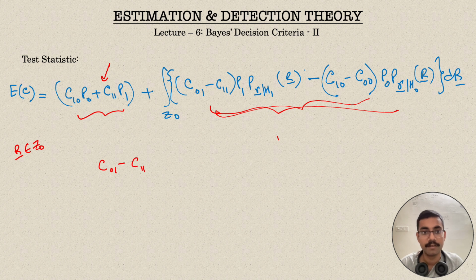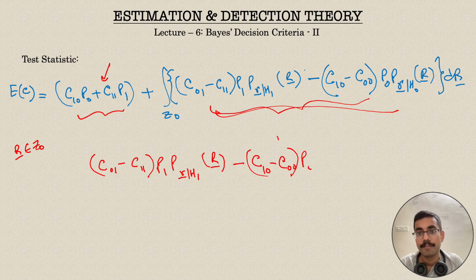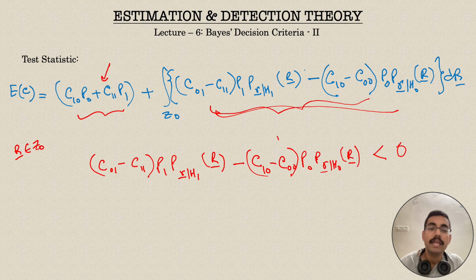This is what I mean. P1 P of R given H1 R minus C10 minus C00 P0 P of R given H naught R, this must be less than 0. If this is negative, this entire term which is under the region Z naught would be minimum, or rather this is the boundary condition for it.